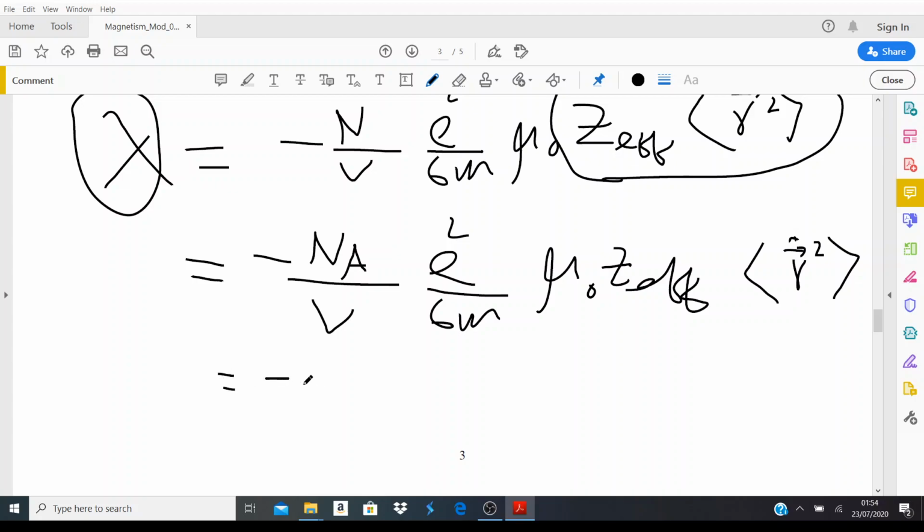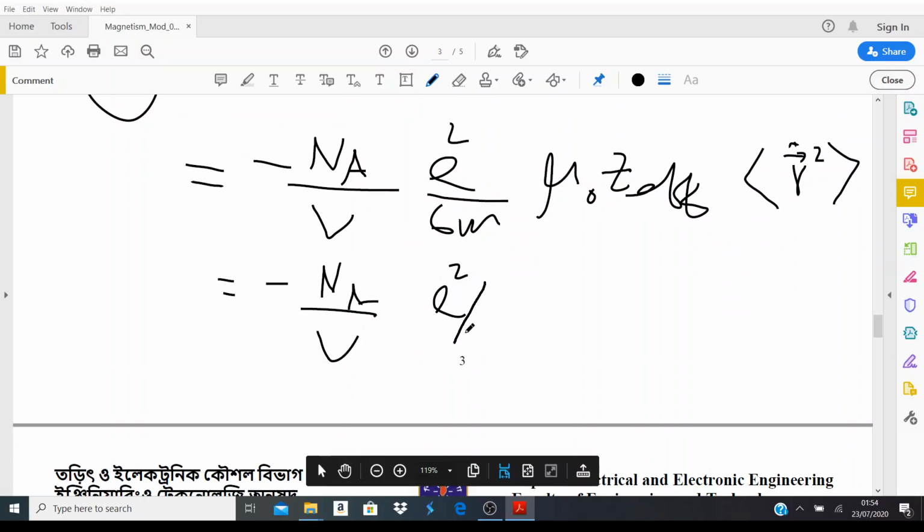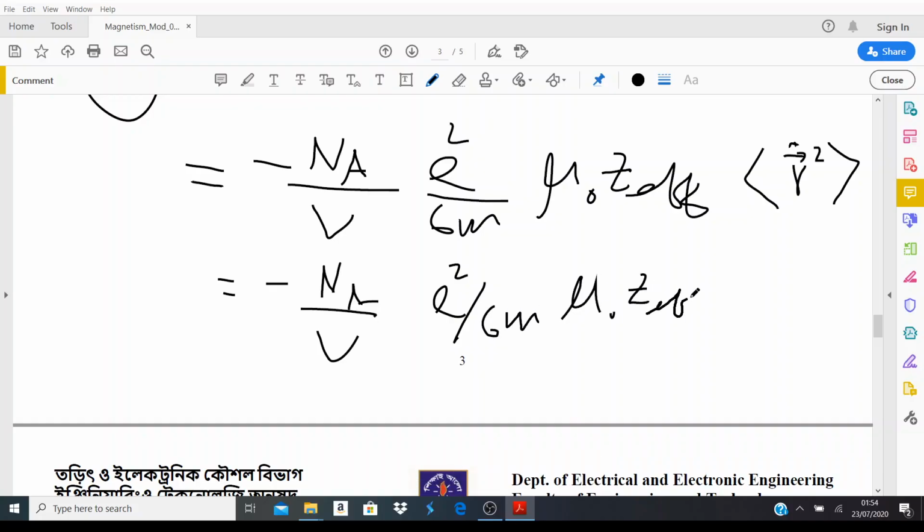Sometimes you will see in the literature, they also convert this expression into something like this. So they would write e squared by 6m, mu naught, Z effective, and in this expectation value, this is some square distance expression. So they put the Bohr radius squared to make it a unitless quantity.